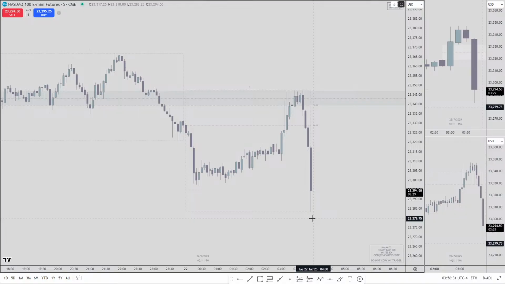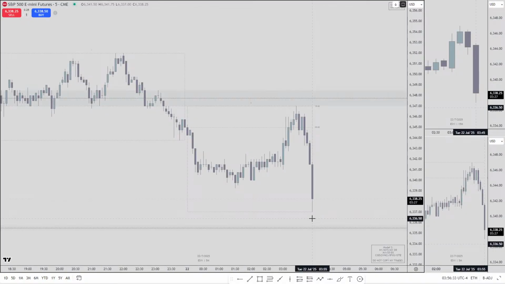Let's take a look at ES to see if it has reached its new week opening gap. Alright, so almost there, just a little bit more to reach. I might be able to take a position here if it can retrace back into 50%. So the swing high is over here on the 5 minutes.